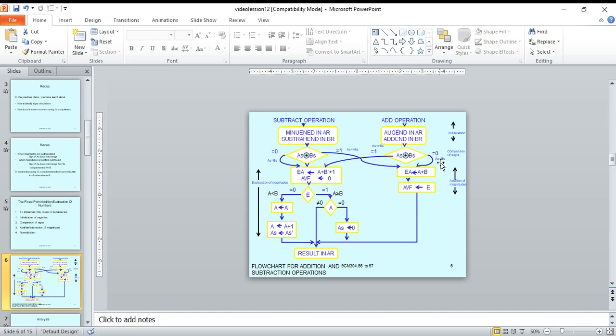Once you find the signs are equal, we go to perform the addition operation between these two numbers. E holds the carry bit, and A holds the result.